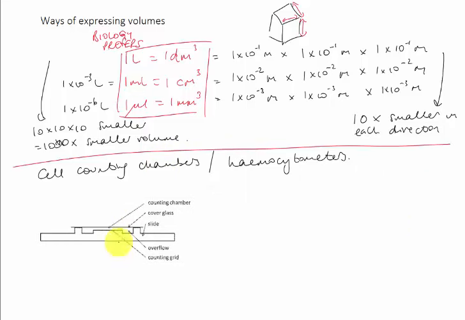So here's the slide. It's quite a thick glass slide with a cover slip on it. And the important thing I need you to remember here is that it's just the area over the top of the counting grid. So it's just this little piece that we're interested in the area of.